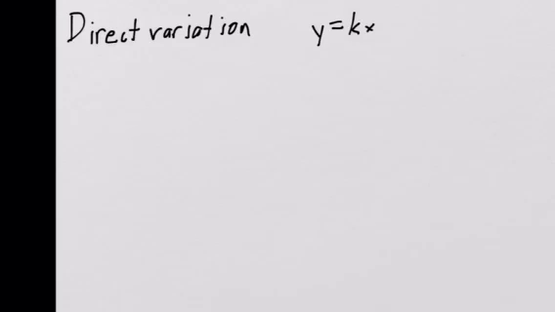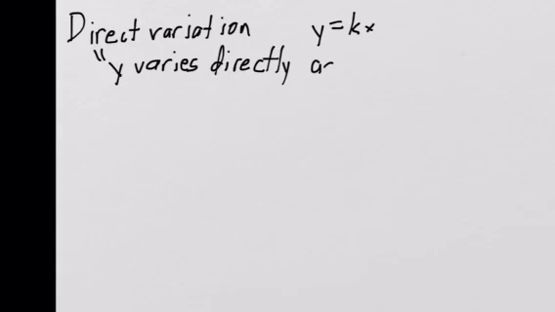But this would be written as y varies directly as x. Or sometimes you'll see it written y varies directly with x.